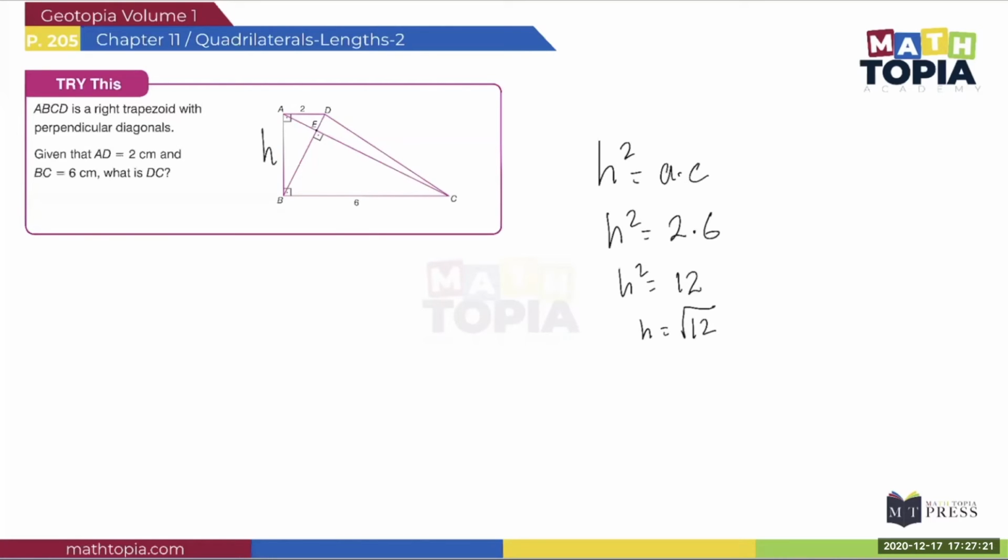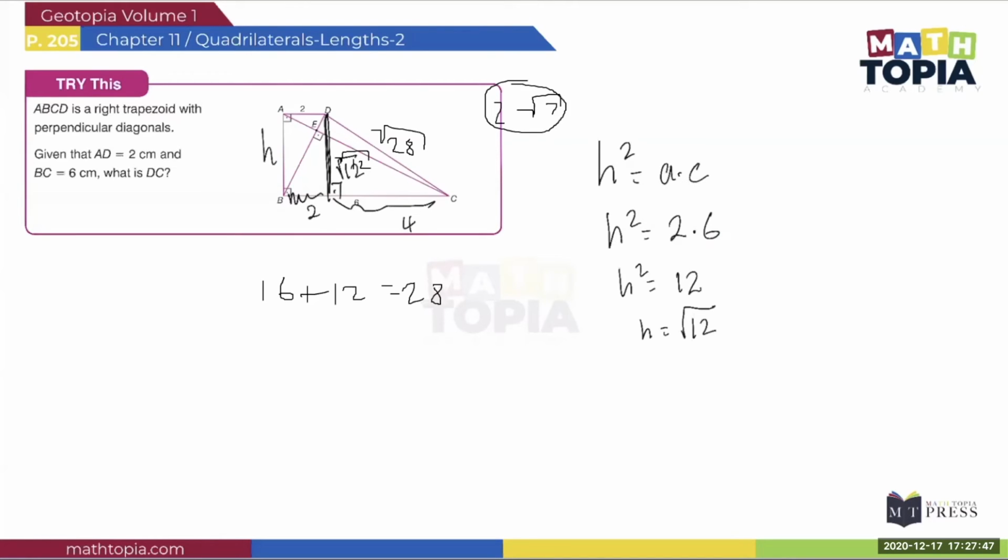Then we are looking for DC, right? Yeah. So for DC, we move to where the height is here, Andrew. Now we have this is root 12, squared that's 12, and this part is 4, so that becomes 16. Now we have 16 plus 12 is 28. So DC would be square root of 28, which is 2 root 7.